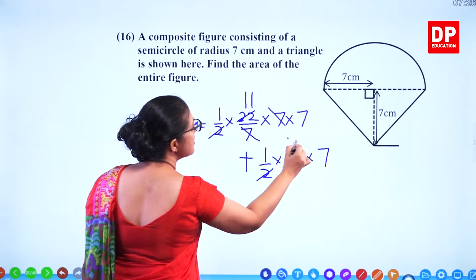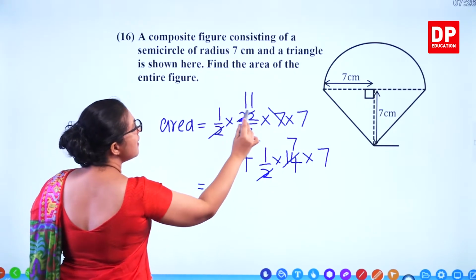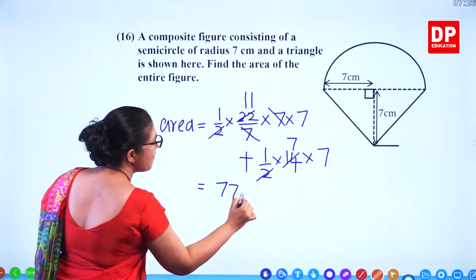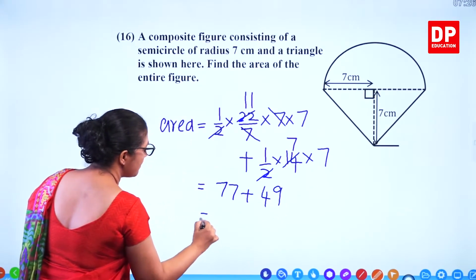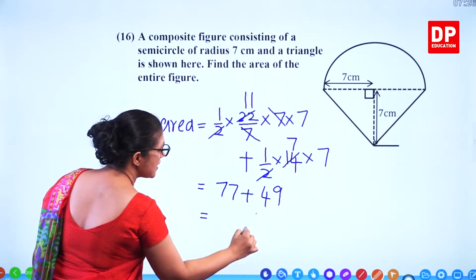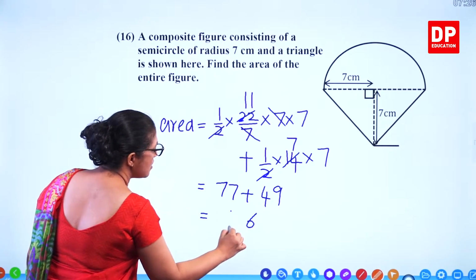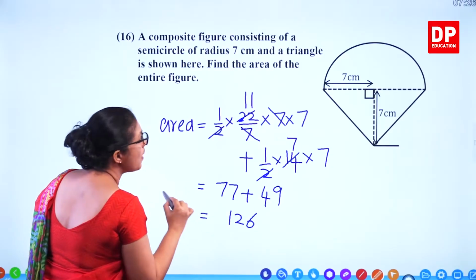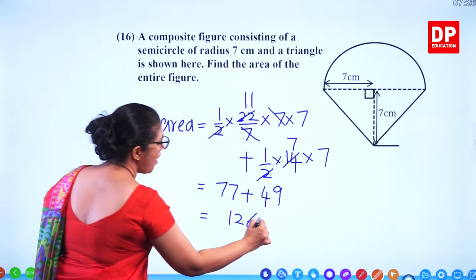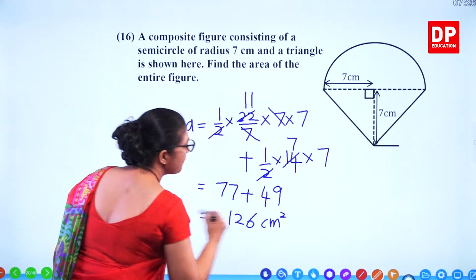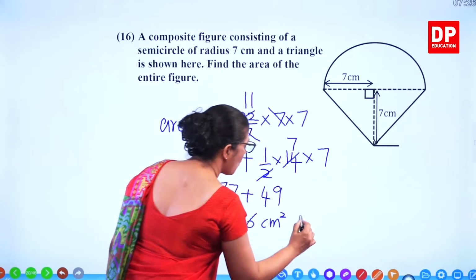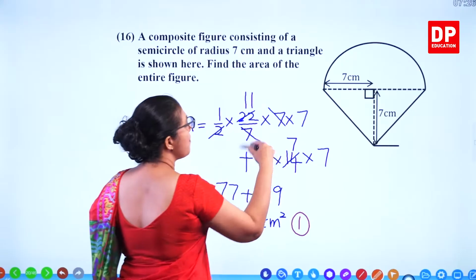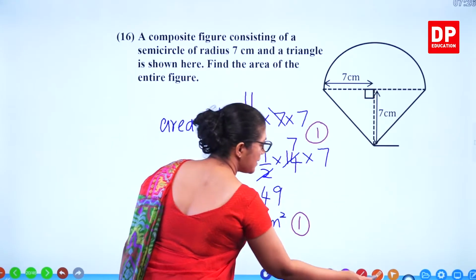Here 2 with this 7. 11 times 7, 77. And 7 times 7, 49. 49 plus 77, 126 square centimeters. So you get 2 marks here. 1 mark for this and 1 mark for the method.